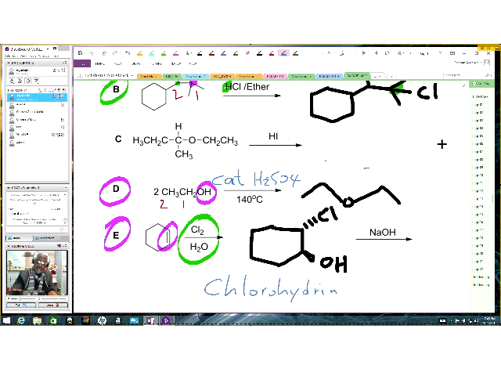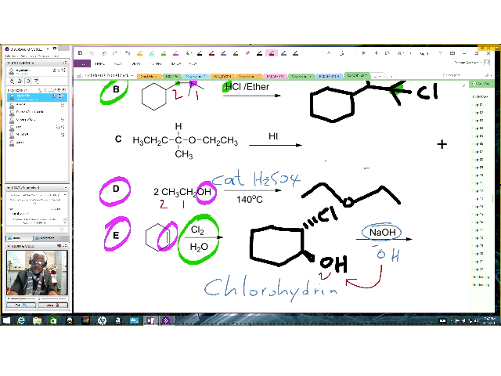Now, once you take the chlorohydrin, you react the chlorohydrin with hydroxide. This hydroxide is coming from sodium hydroxide. Once you react the chlorohydrin with a hydroxide or any base, what is going to happen? The hydroxide is going to come here and pull off the hydrogen atom from the hydroxy group.